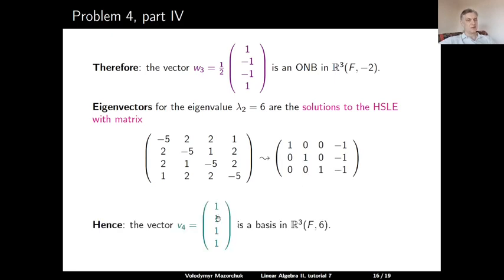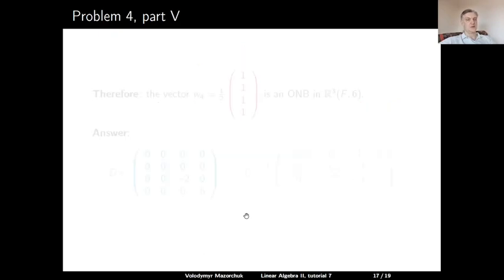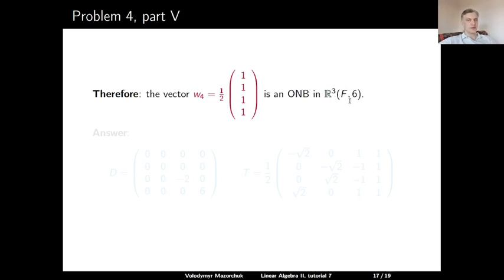Hence, the vector (1, 1, 1, 1) is a basis in the space of solutions to this homogeneous system, that is, in the space of eigenvectors of f with eigenvalue 6. It has length 2, which means that if we norm it, the vector w4, which is 1/2 times (1, 1, 1, 1), forms an orthonormal basis in the subspace of all eigenvectors for f with eigenvalue 6.